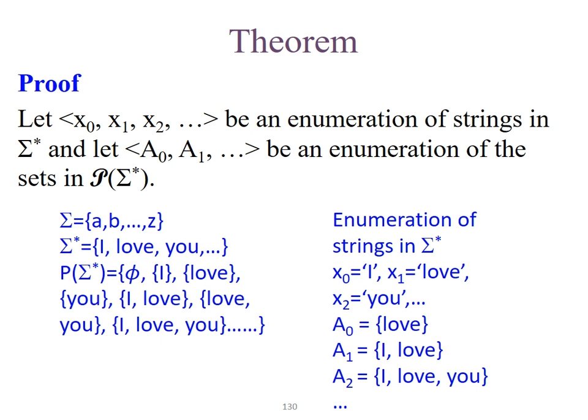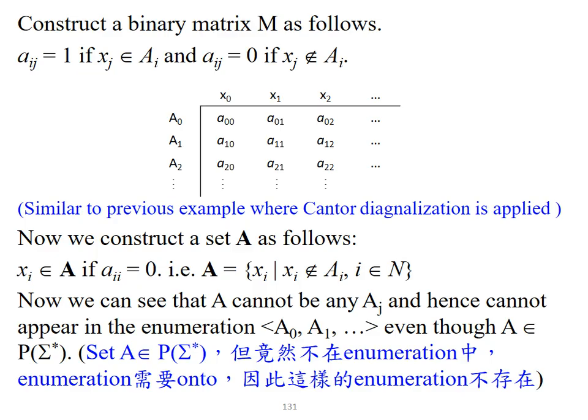Let's see this notation. Let x0, x1, x2, and so on be an enumeration of the strings of sigma star, and a0, a1, a2, and so on be the enumeration of the power set. Then we can construct a binary matrix as follows.